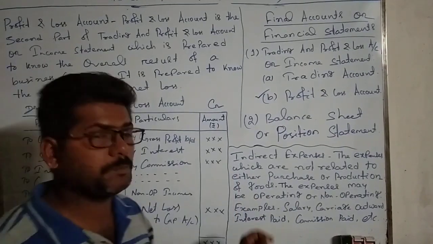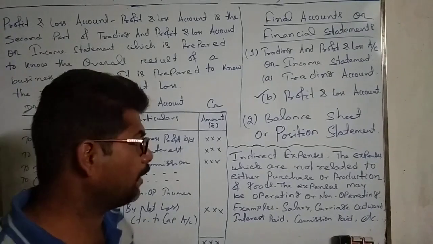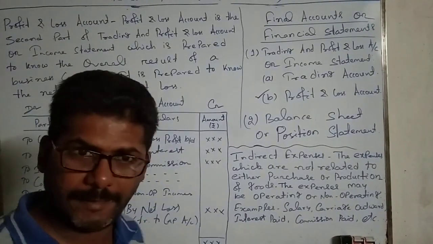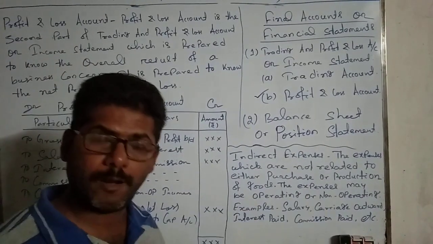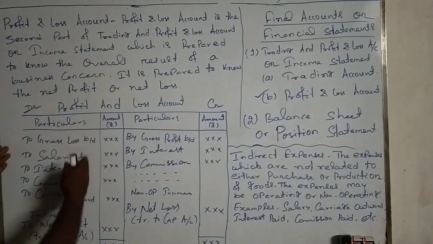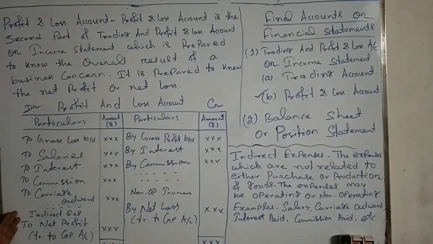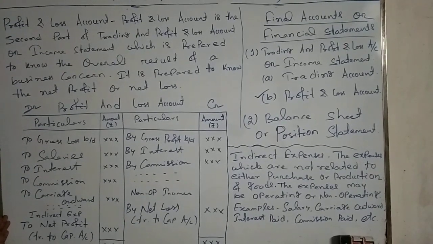And the expenses which are not related to your business operation are non-operating. Whatever it may be, all the indirect expenses will be shown on the debit side of the profit and loss account, whether operating or non-operating.